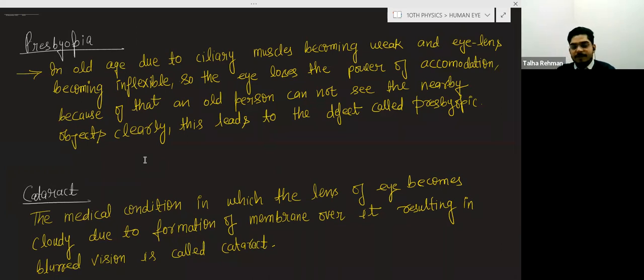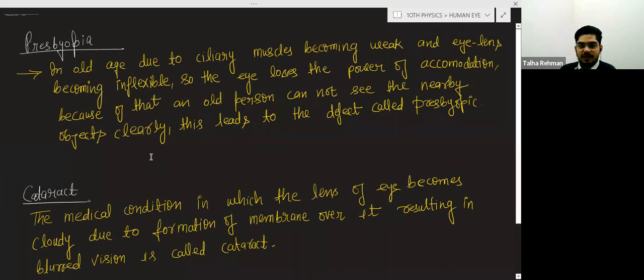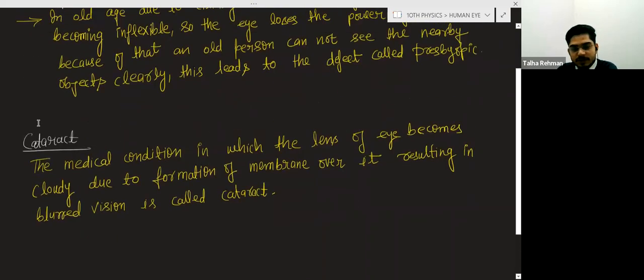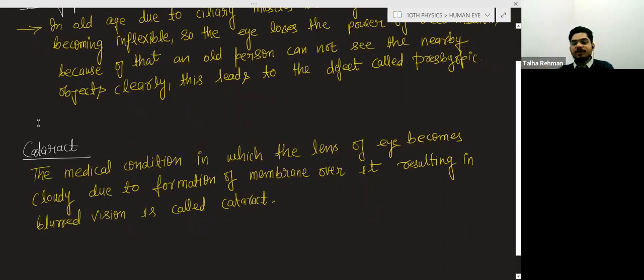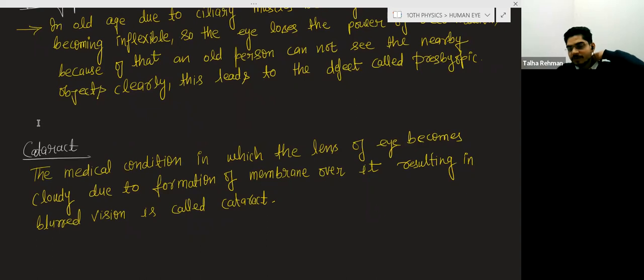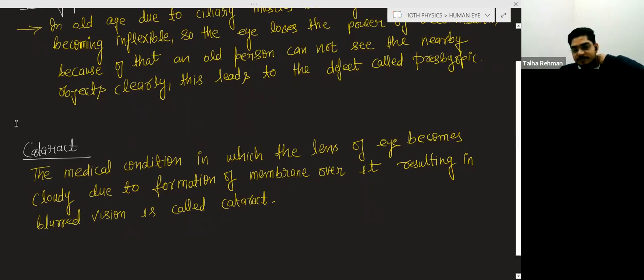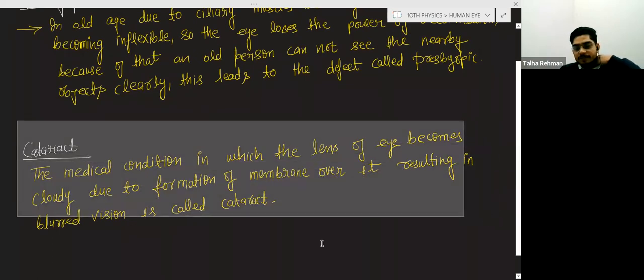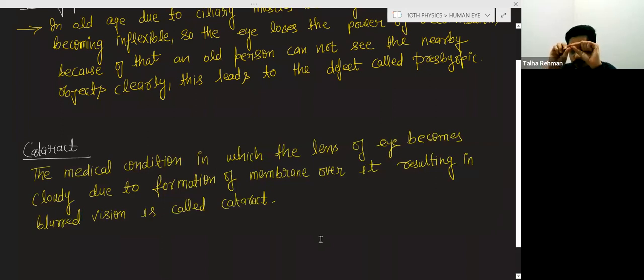In hypermetropia, the person is not able to see nearby objects clearly. Presbyopia is similar to hypermetropia, and its correction is the same: we use a convex lens. To treat cataract, surgery is preferred. The doctors remove that layer from the eye by operating.